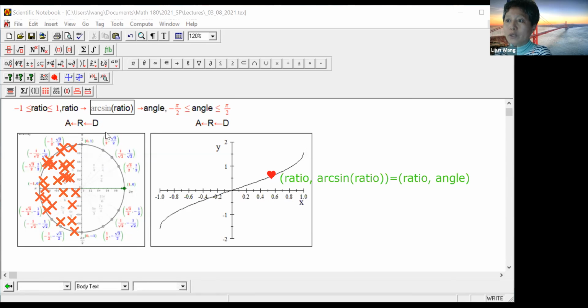So when you give me a sine ratio, suppose you give me square root of 2 over 2, then you'll be looking for the blue number, from the blue number to the angle. And the angle has to be between -π/2 and π/2. So that's the recap. Do you have any questions?